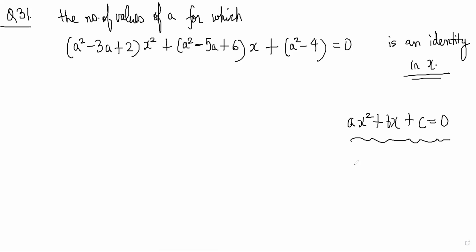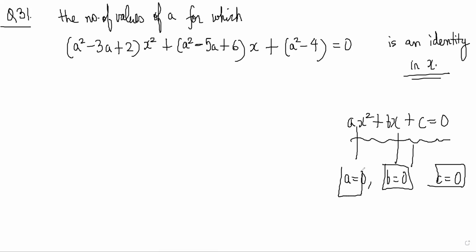The idea here is that an equation can become an identity only if a is 0, b is 0, and c is 0. If one part is 0, the other part will still not always be 0 for a random value of x.